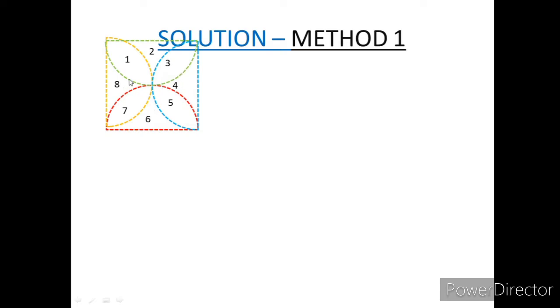So now, how can I find the solution? Okay, come to the solution. First of all, you have to write down RTP. What is RTP? What you have to find is the shaded region.